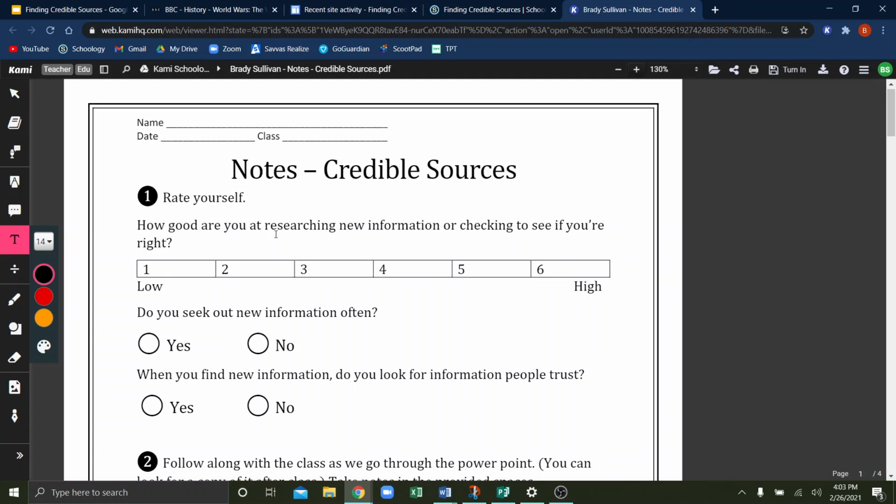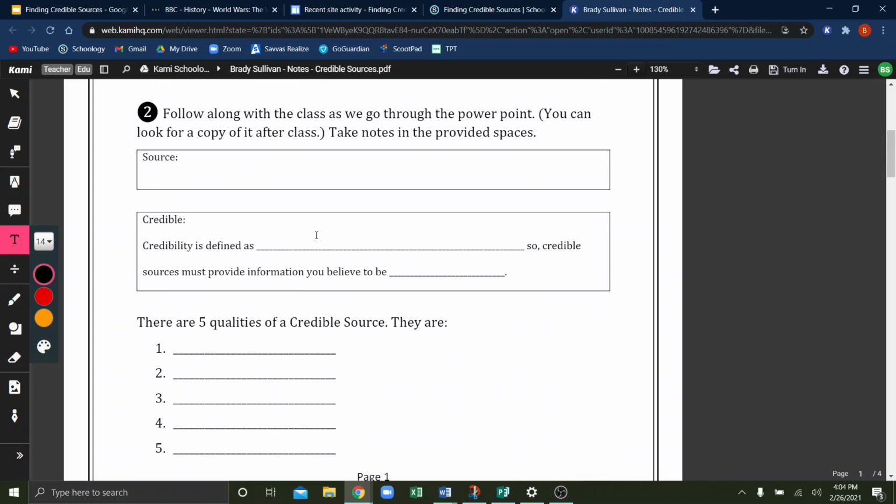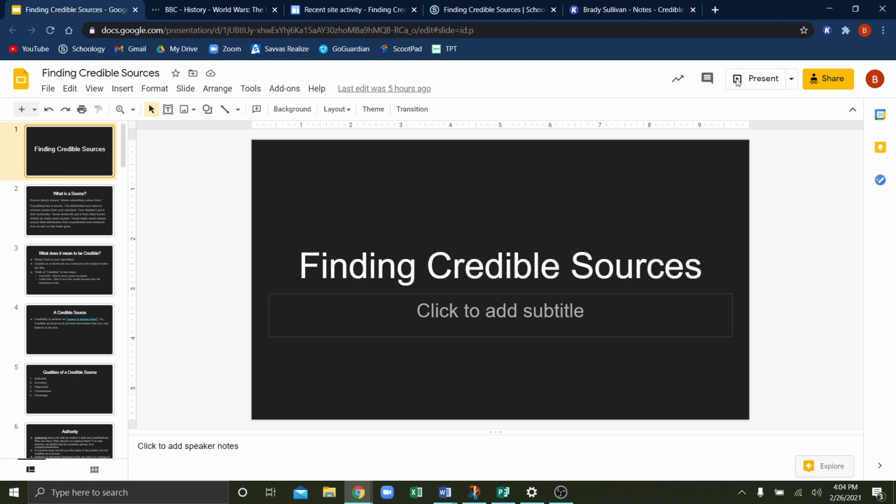But there's a spectrum between outright lying to you and just a small mistake or misunderstanding. So when you're doing research, you have to be aware of where your sources fall on that spectrum. Go ahead and scroll down, and we're going to take notes as we go through this presentation here.